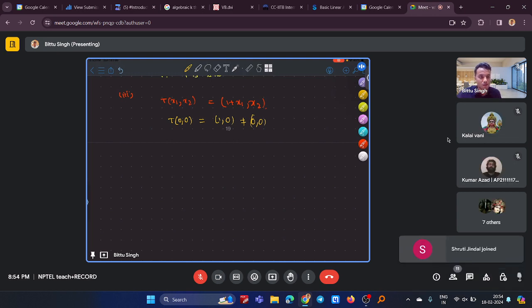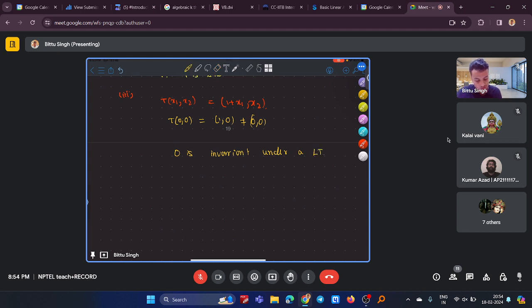But under a linear transformation, 0 is invariant. Therefore, T is not a linear transformation.